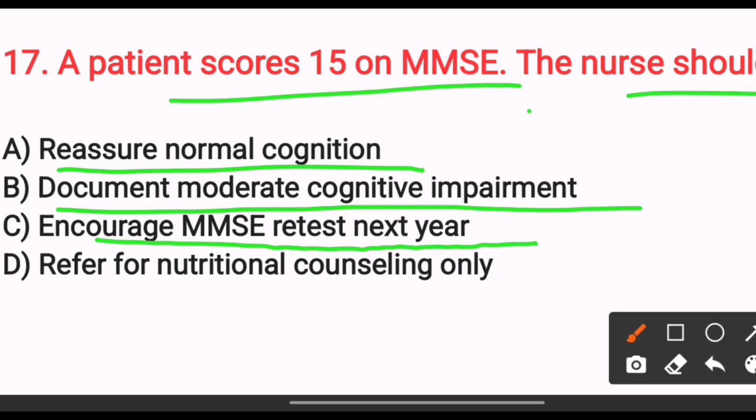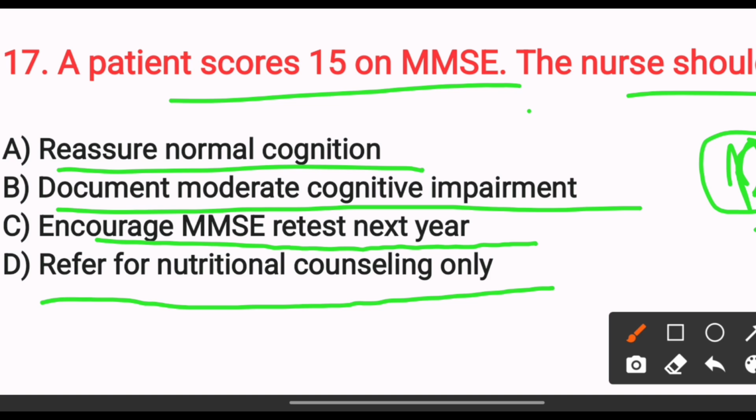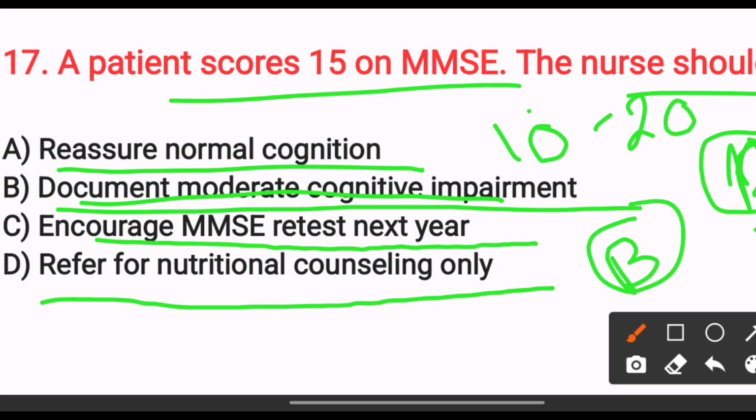Option D, refer for nutritional counseling only. The answer is option B, because we already discussed that a moderate score on the mini mental status examination is 10 to 20. So the answer will be option B, document moderate cognitive impairment.